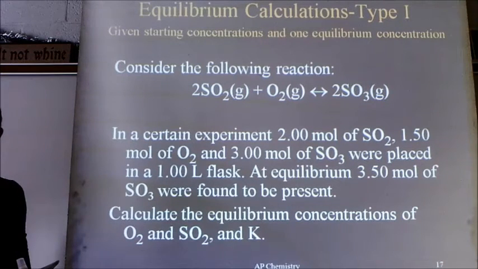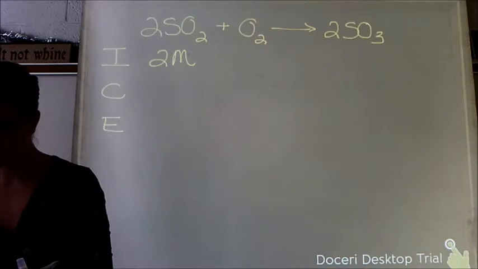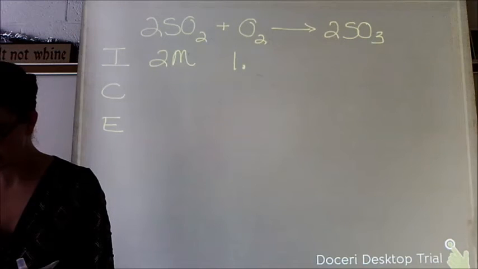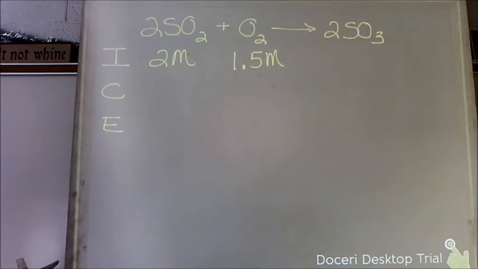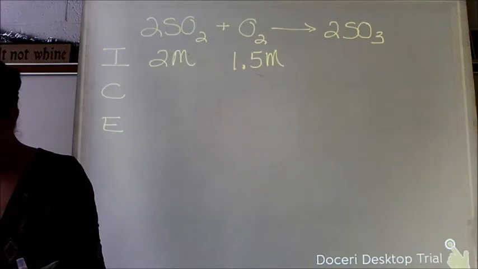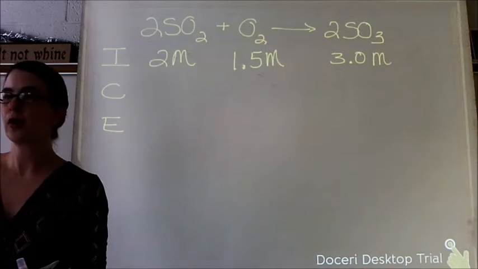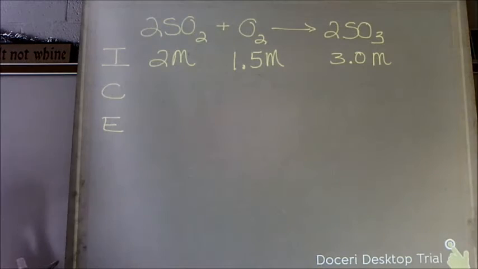What is it? 1.5 molar. And SO3, what was the number? 3 molar, okay. All right. So I've got my initial conditions.